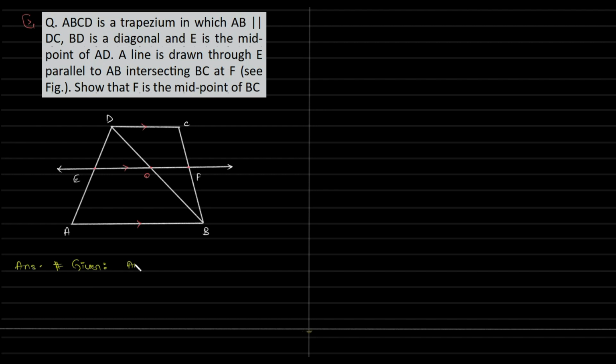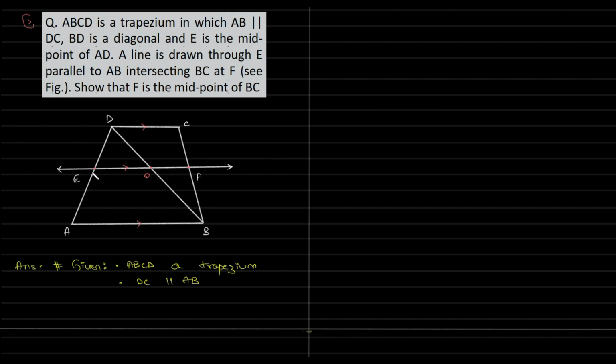So we have ABCD, a trapezium. So here DC is parallel to AB. Then what else?